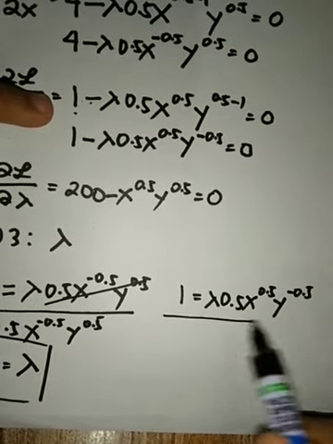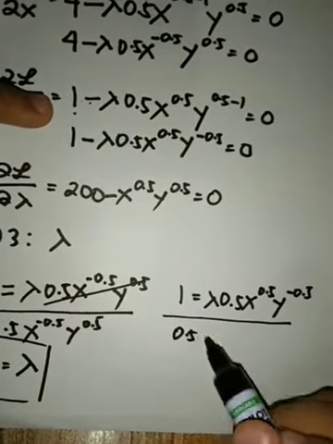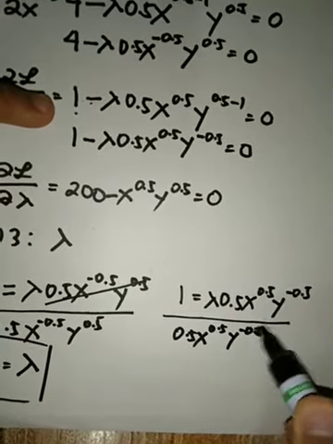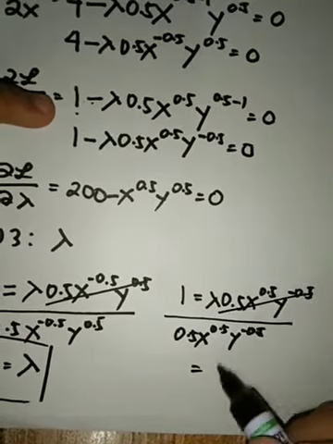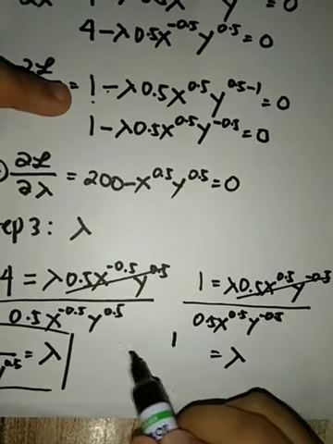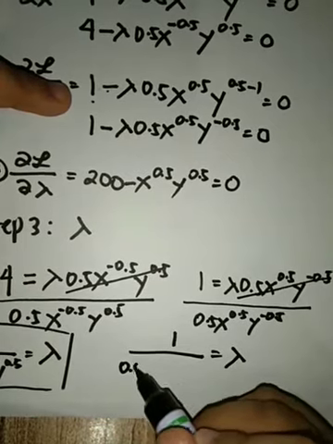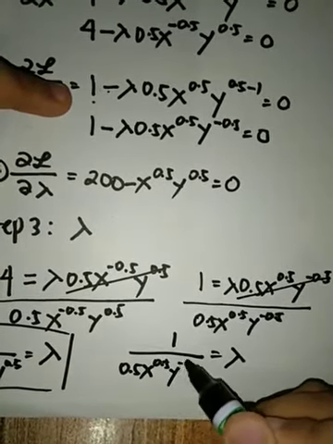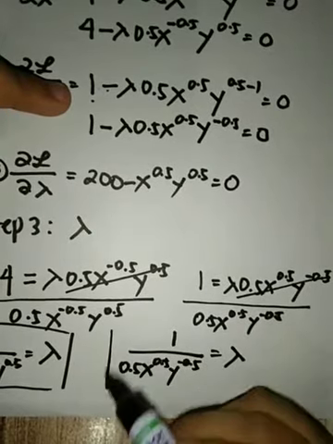Then divide both sides by 0.5 x raised to 0.5 y raised to negative 0.5 so that lambda remains on the other side. Then on the left-hand side it becomes 1 over this. Okay.